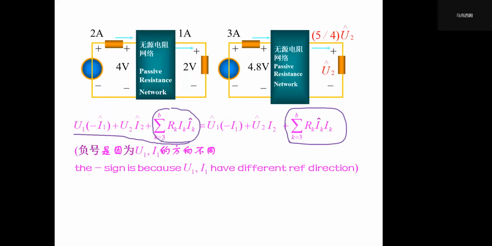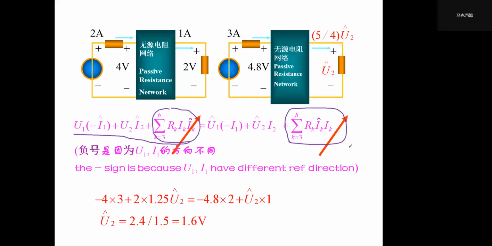So we can just remove them, and then we just put the numbers in. We can calculate U2 hat. So without even knowing what's inside the network, we still can calculate the corresponding value of the branch.